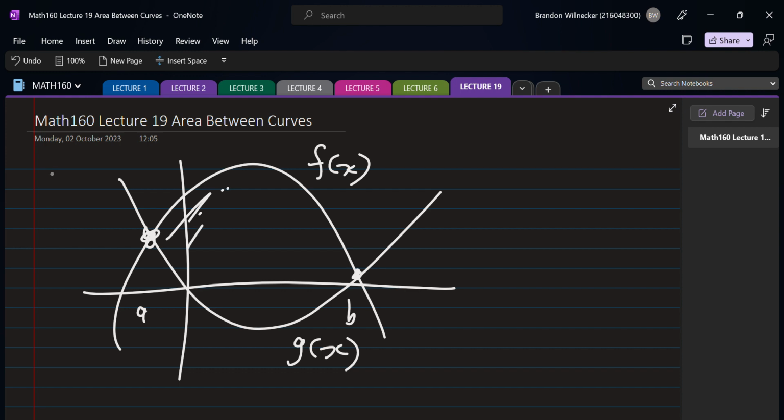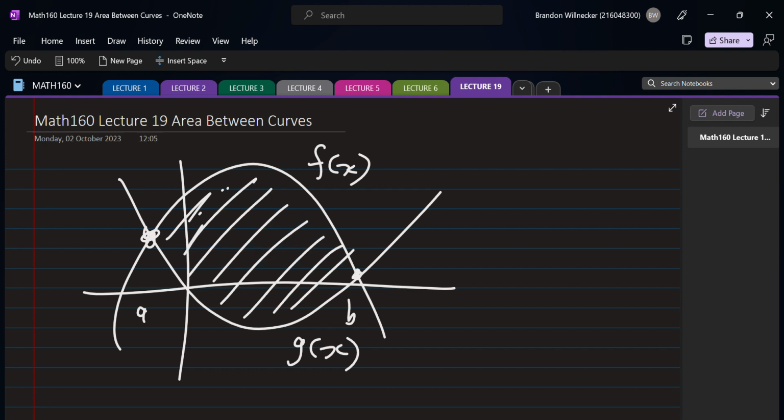We can highlight that as this part over here. So that region there is enclosed by the upper function at the top, the lower function at the bottom, and between A and B, those two intersection points. What we want to do is try and find out what this area is. So that shaded region there, what is that area going to be?